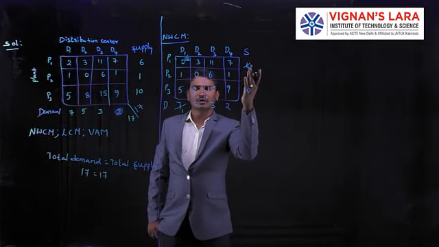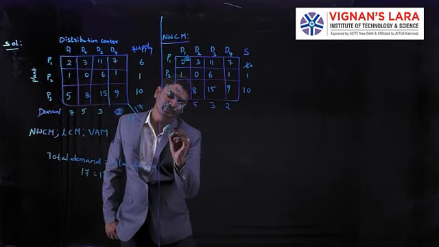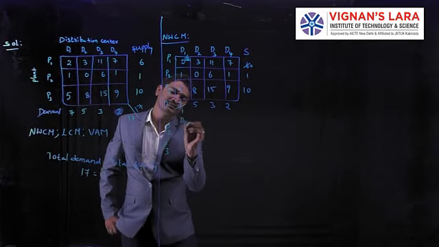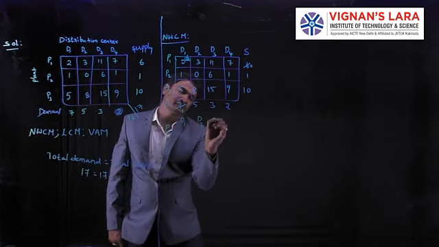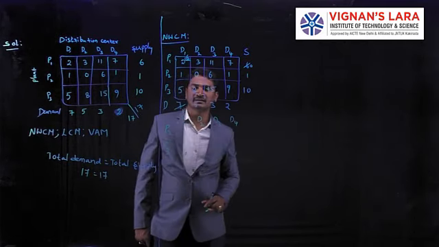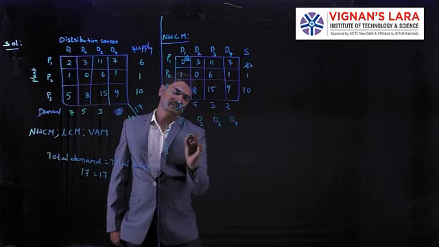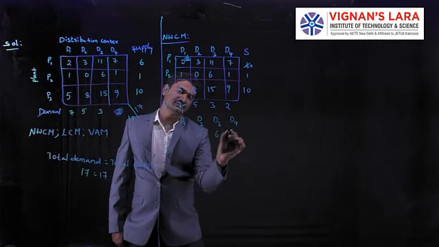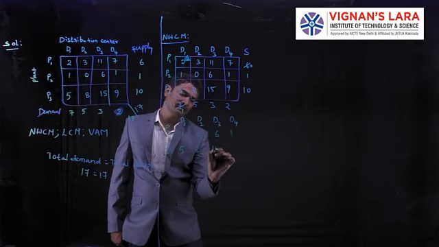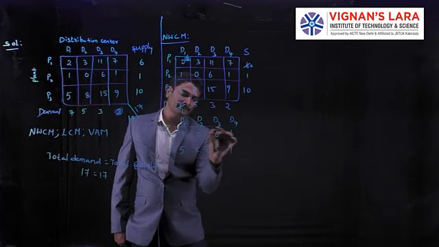That's the reason I am going to delete that row. So P2, P3, then D1, D2, D3, D4. These are the demand centers. Okay. From this I am going to take 1, 0, 6, 1, 5, 8, 15, 9.